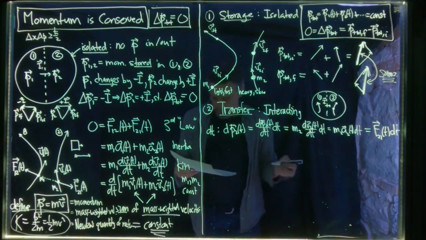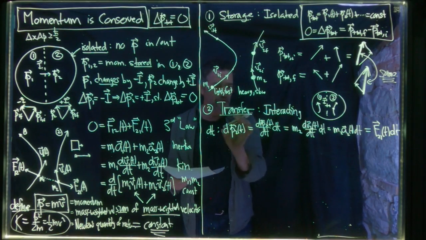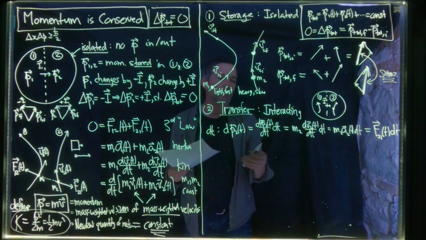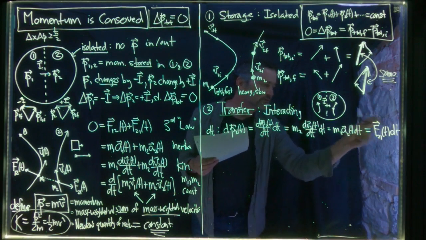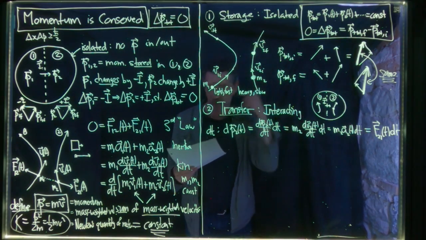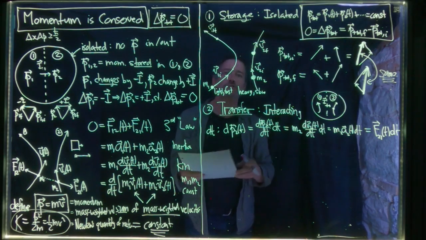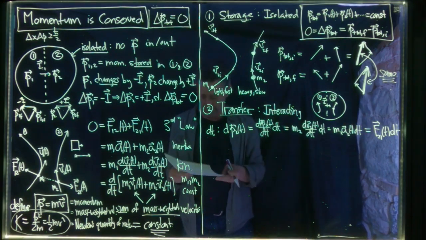Okay, great. This is an infinitesimal change in the momentum, produced by a force F21 acting through a time dt. So what changes momentum is force acting over time. Just like what changes energy is force acting through displacement, what changes momentum is force acting over time. We will revisit that in a lot more detail later.